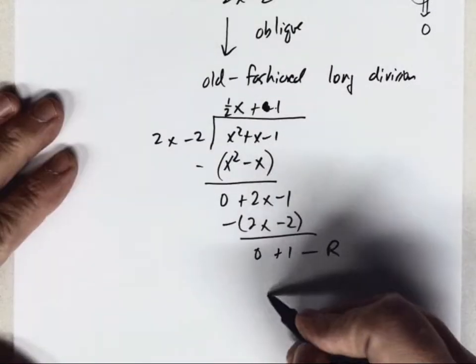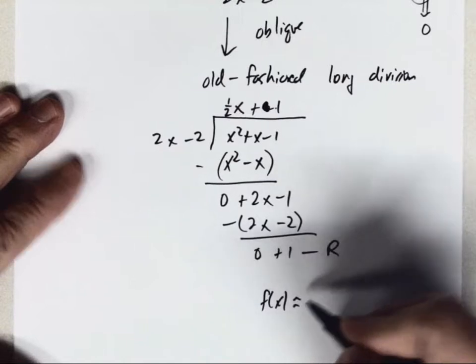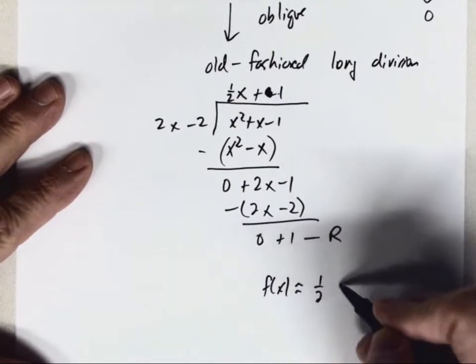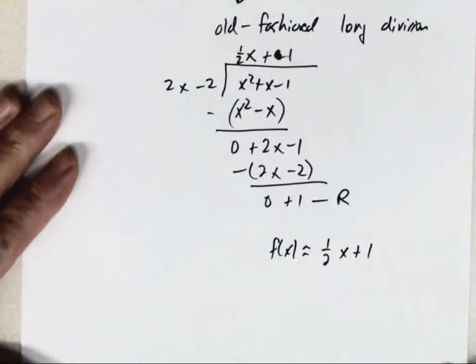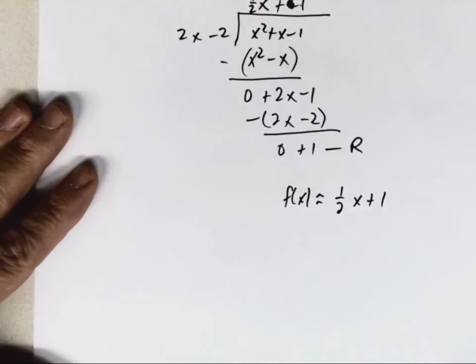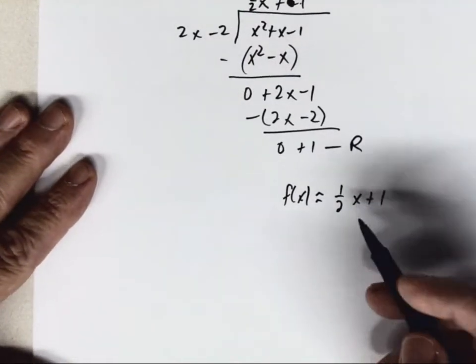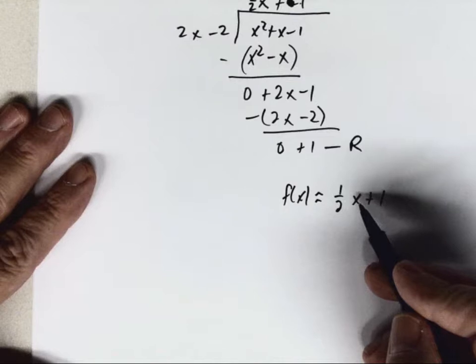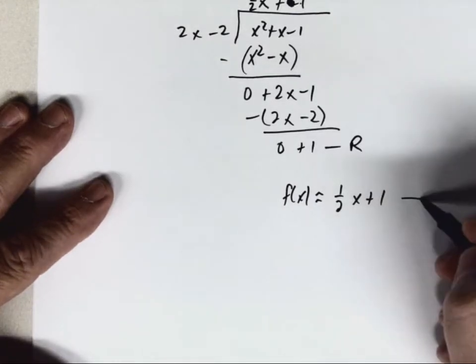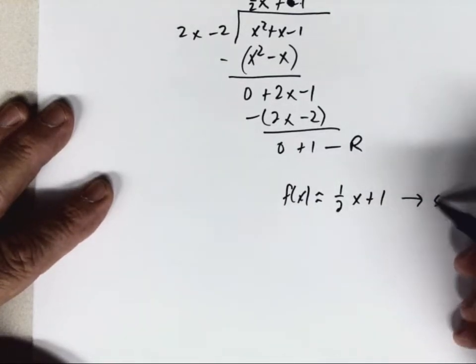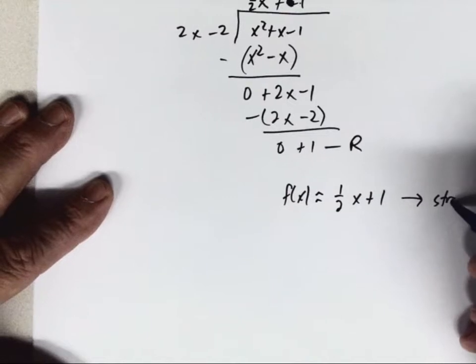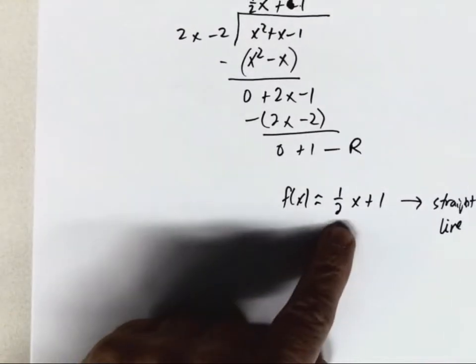So when that happens, I'm left with approximately this for my asymptote. Now I've got a variable here, but if you remember, this kind of equation is a straight line.